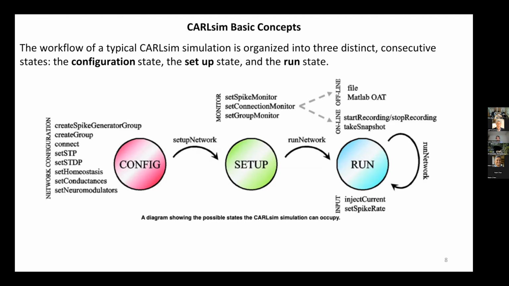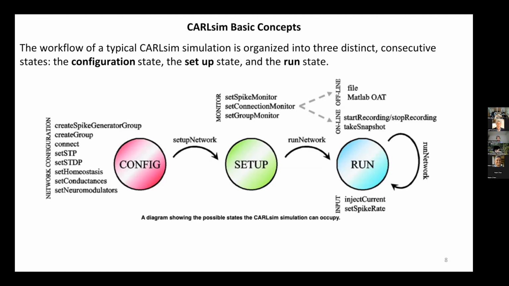In the configuration state, we basically tell CARLsim what kind of neuron groups we are going to have and how they are connected. This just tells CARLsim the configuration of our network.